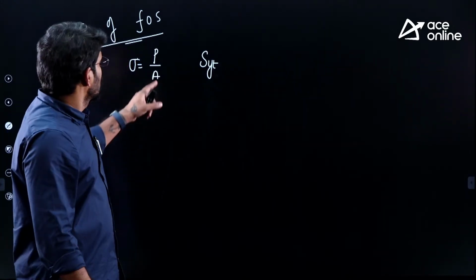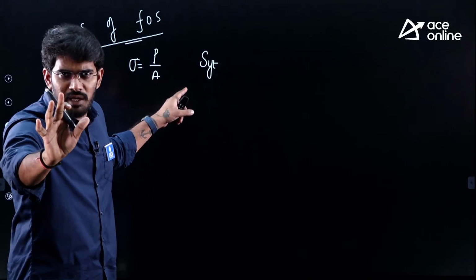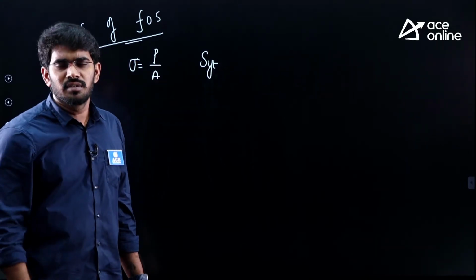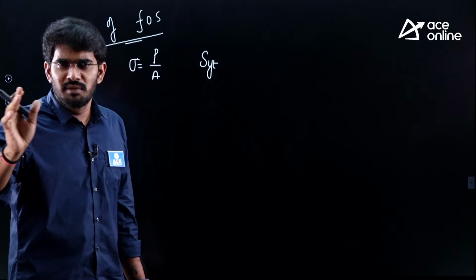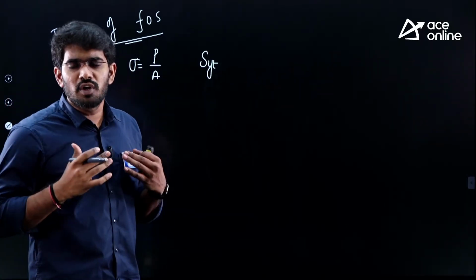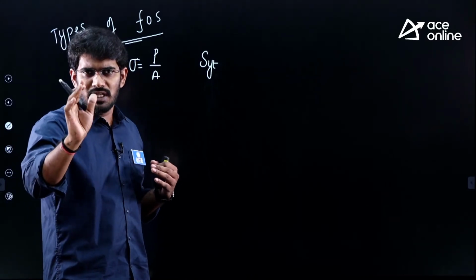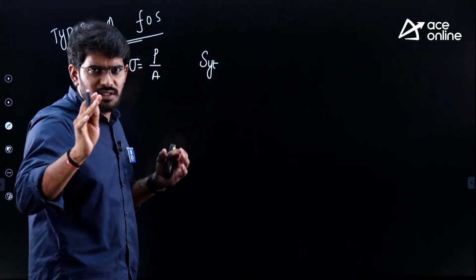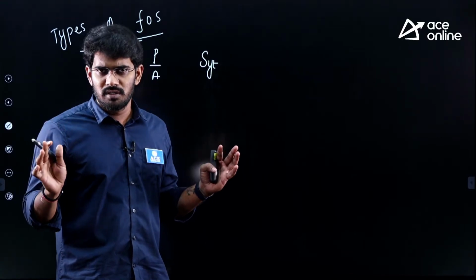Remember that there will be some requirement by the consumer or the customer. Based on the customer need, the manufacturer designs the component. If I say that my component should withstand a load of 10,000 newtons, this is the capacity that I want.